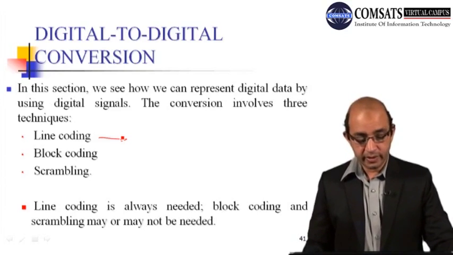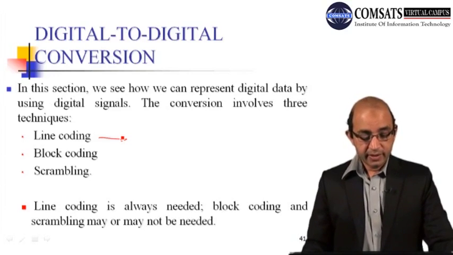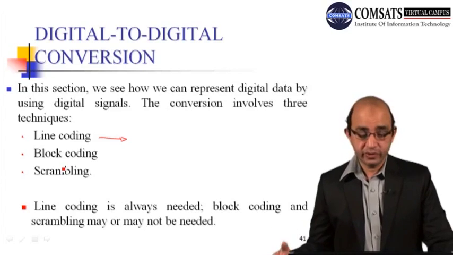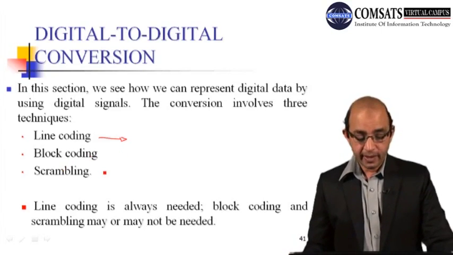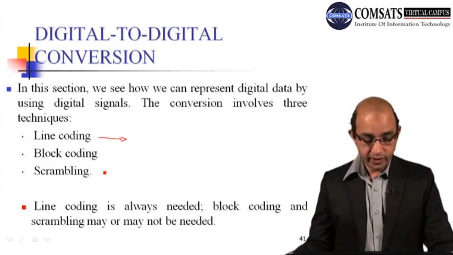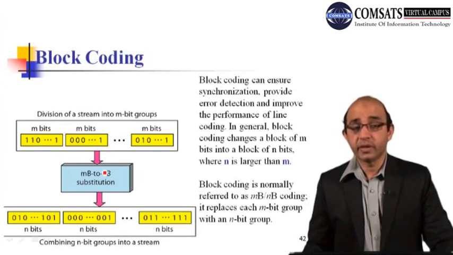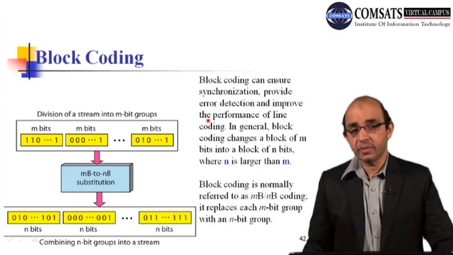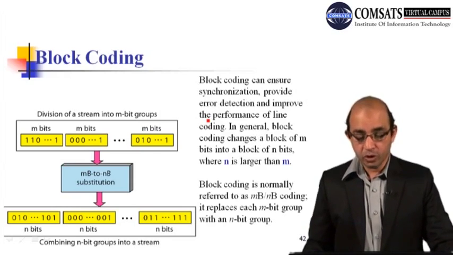Signaling, proper signaling technique. And those are the choices. So in some scenarios, we are going to use block codes and scramblers, and in other scenarios we can avoid them. So there are advantages, but the cost is our circuitry, our communication system will be more complex.